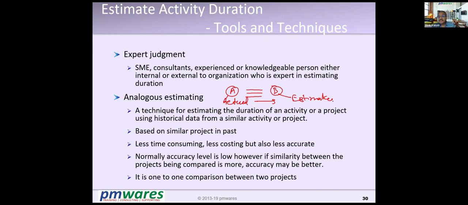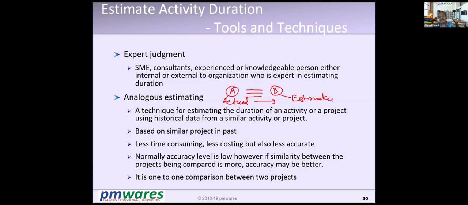Okay. Now compared to expert judgment, they may be a little better because they have some base behind that. Expert judgment also has some base. There is some intuition developed with experience. So it's not as bad, but they may not be as accurate because the conditions of B can be very different from the conditions of A. And therefore, this project may go in a different way despite being similar.